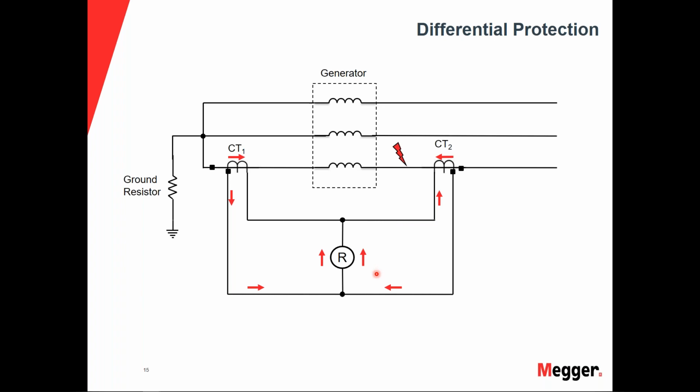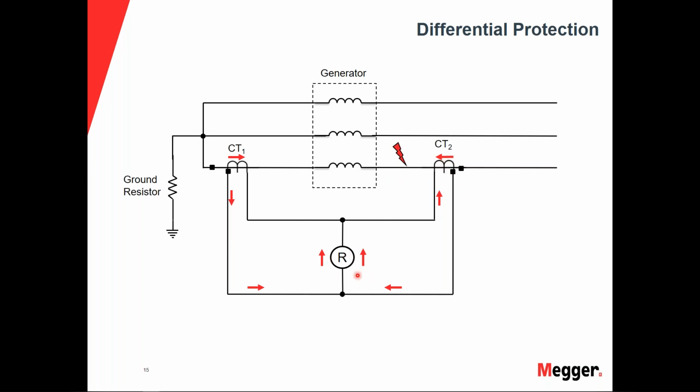Now, this usually happens when this unit is connected to the system. And also if we just have a fault here and we don't have this unit connected to the system and we open up, then we would also get a difference from one side generating current and the other side not seeing this current here.